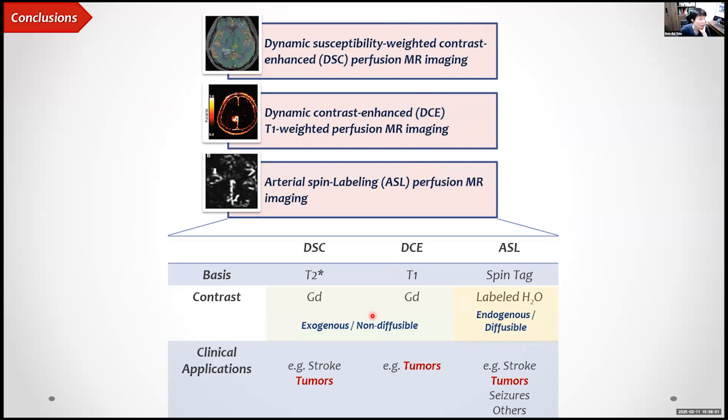But all three are relatively commonly used, growing to be commonly used in the tumors, especially the ASL and DCE. And ASL does not require any contrast agent, so I think it has many potentials in the future as well. So thank you for your attention, and I'd be glad to answer any question if you have any. Thank you.